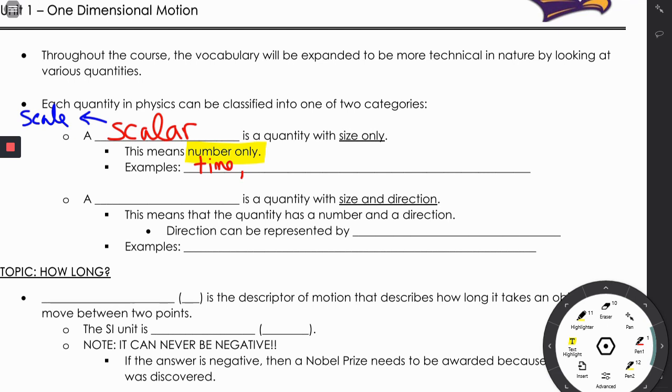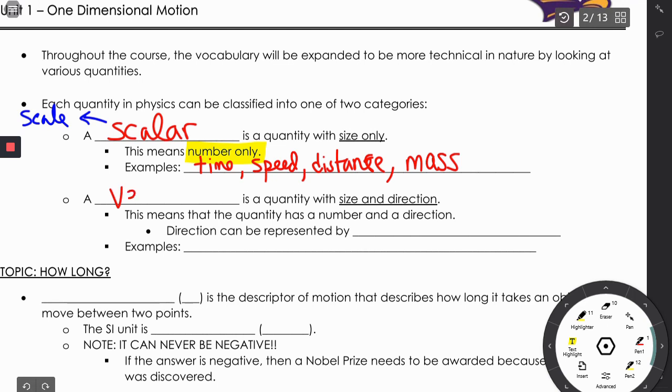It just cares that it's going. Speed, distance. These are all scalars, it doesn't matter what the direction is. Although distance could be a confusing one, it's actually just a scalar quantity. And another one, to get out of the motion world, is mass. There's no such thing as negative mass.